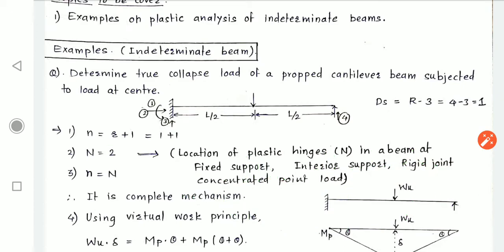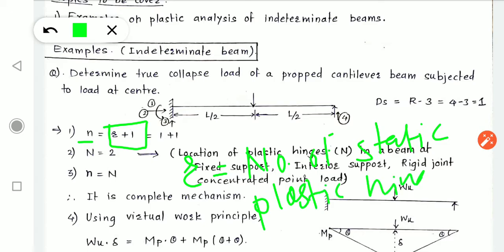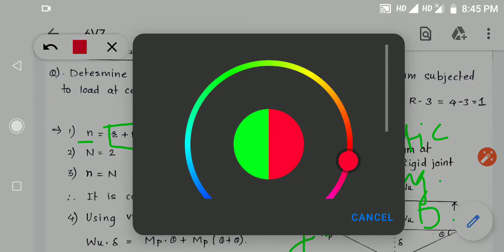So I am using the formula to calculate n as r plus 1, where r represents the exact number of static indeterminacy, or the exact number of plastic hinges which transforms our indeterminate structure to a determinate structure.